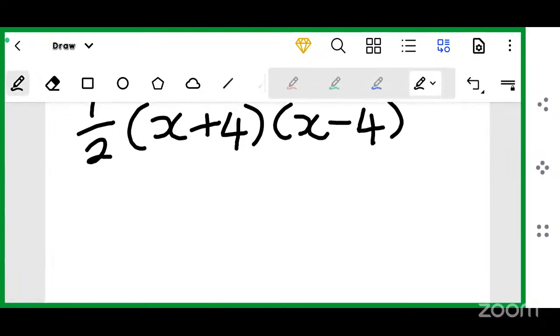First, I'm going to say x plus 4 equals 4x. Okay. Remember about the like terms. Like terms, x times x equals x to the power of 2. x to the power of 2, yes.